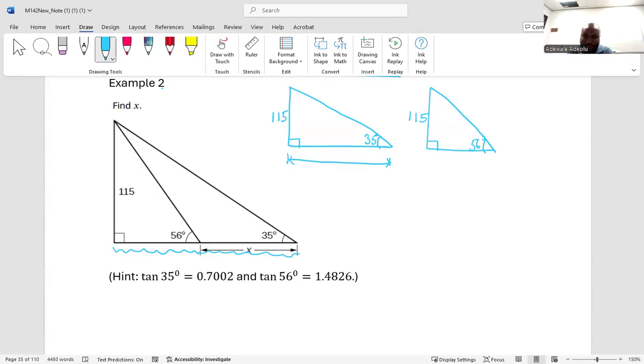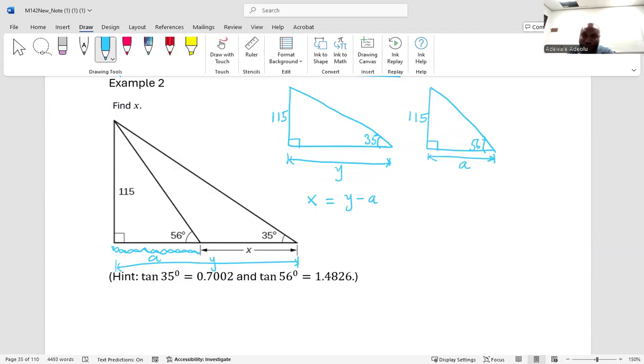So let us call this maybe y, and let us call this smaller part a. We can say that x that we are looking for is when we subtract that smaller length a. So we are calling the whole thing y, so if I subtract a from y, I will get x.